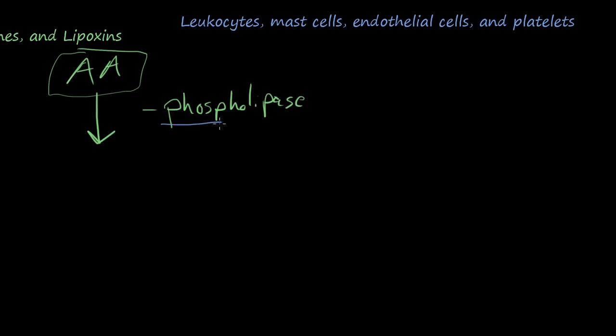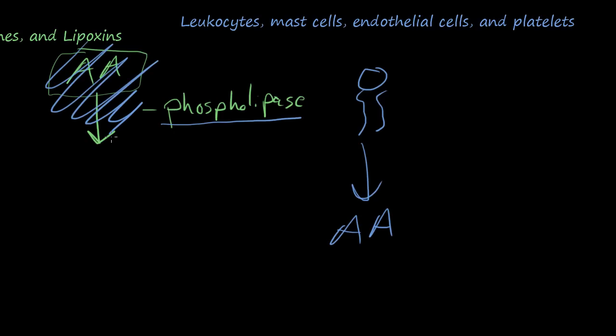And the phospholipases take the phospholipids of the cell membrane and convert them into arachidonic acid. Now, let me just erase this if this is confusing to you. So you take these phospholipids in the cell membrane of primarily these cells, the leukocytes, the mast cells, endothelial cells, and platelets.